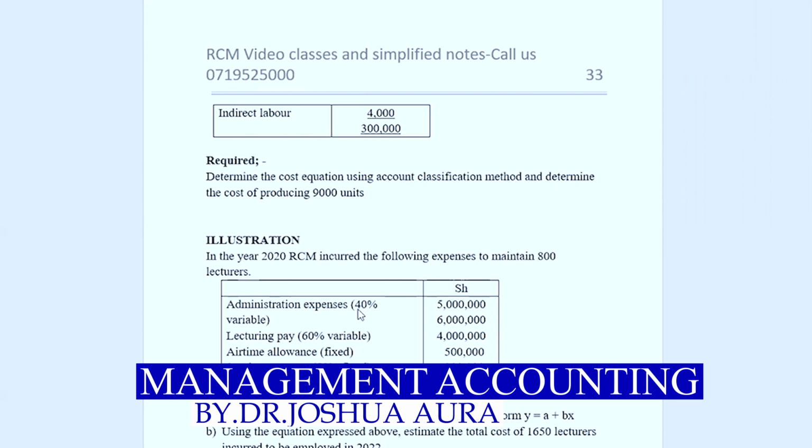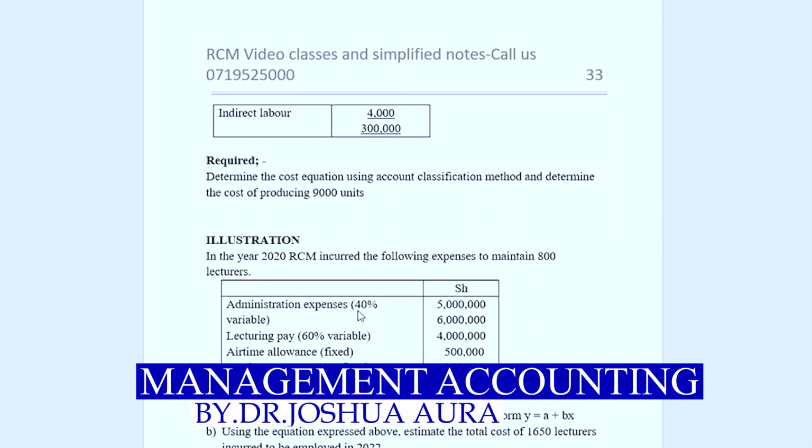So the very first thing that I'll do is to write down this table of RCM. We have administrative expenses of 5 million, of which 40% is variable.